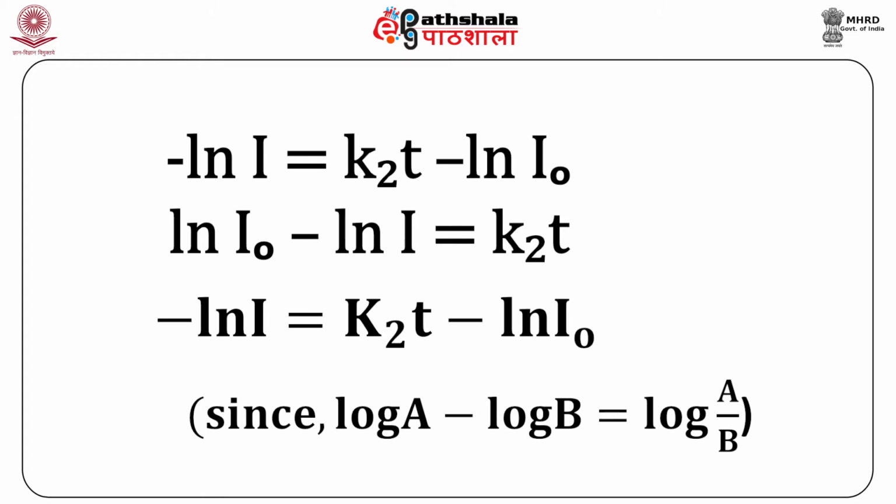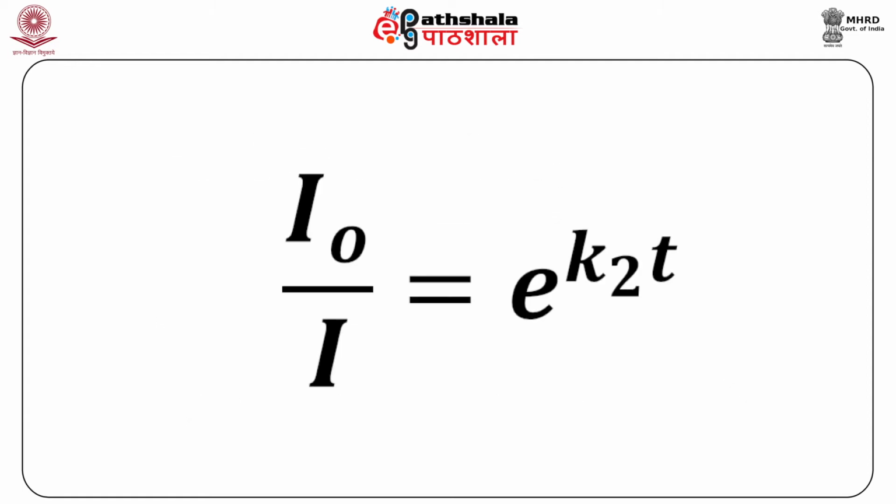This rearranges to give ln I naught minus ln I is equal to K2t. Again, since log A minus log B is equal to log A by B, the equation can be written down as ln I naught by I is equal to K2t. Removing the natural logarithm, we get I naught by I is equal to e raised to the power K2t.